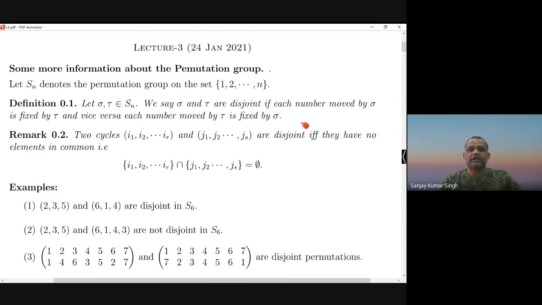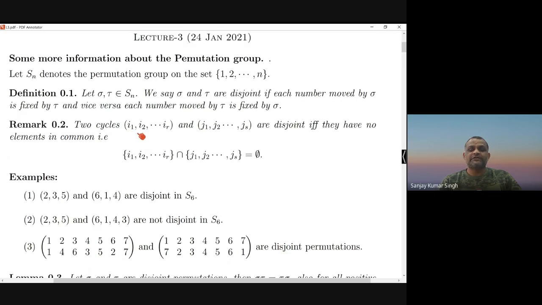So if you apply this definition to cycles, we see that two cycles are disjoint if and only if there are no common numbers between them. It means if i1, i2, ..., ir represents one cycle and j1, j2, ..., js represents another cycle, then the intersection of these two subsets should be empty.